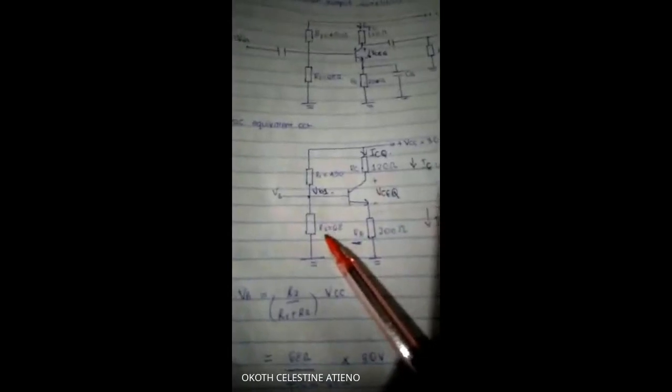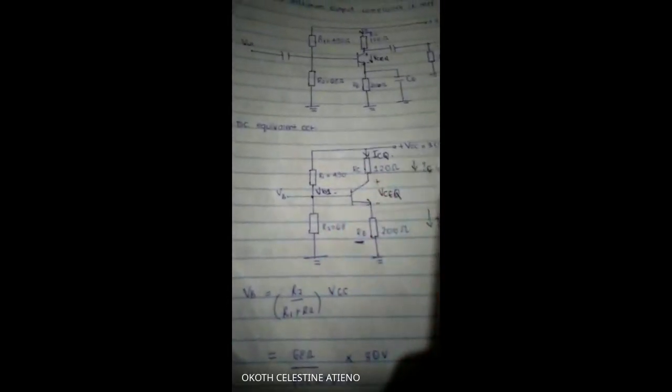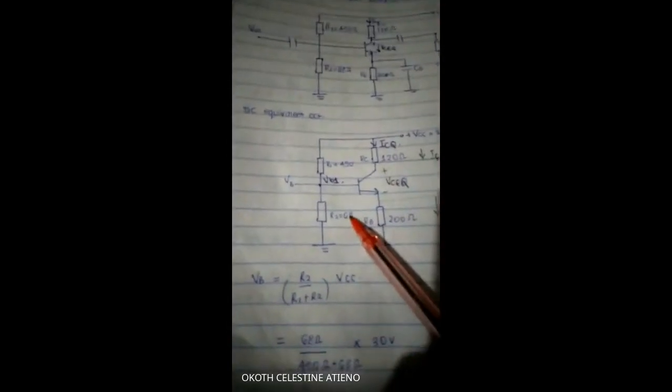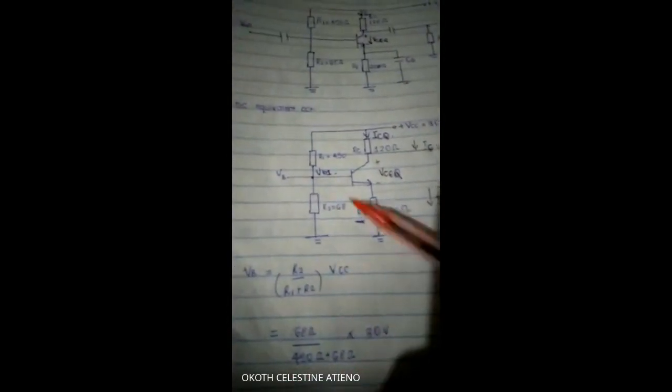So let's see how we'll find ICQ and VCEQ. For VB we will use voltage divider bias: the resistor connected to the ground over the sum, times VCC. So we'll have 68 ohms over 68 plus 490, times VCC, which is 30.